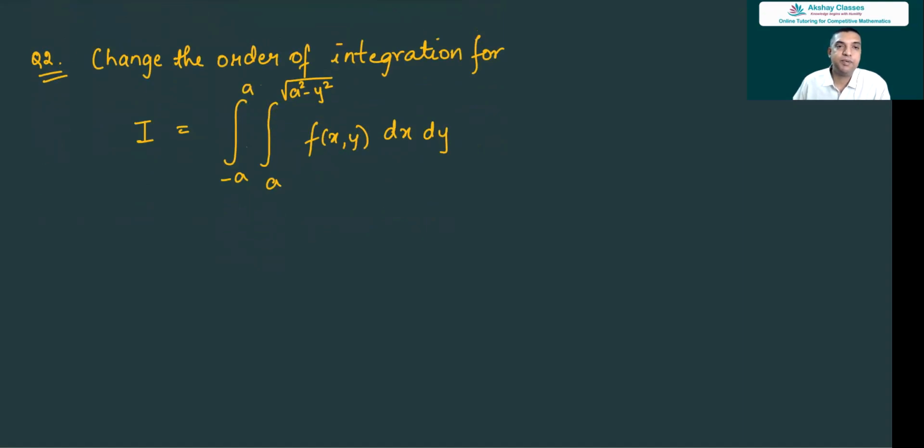So the first step is to plot what this region is. So y is from minus a to a, and x is varying from 0 to x equal to under root of a square minus y square. So clearly this is x square plus y square equal to a square.